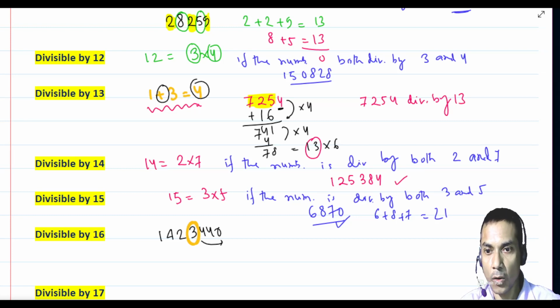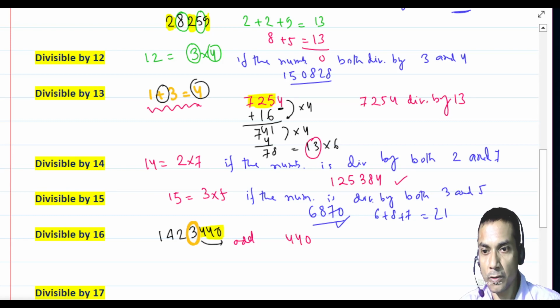Then you just consider the last 3-digit number, that is 440, and you have to add 8. So what value do you get? 448.